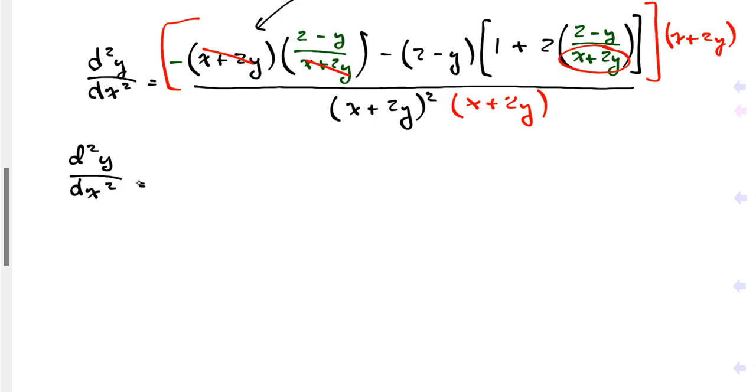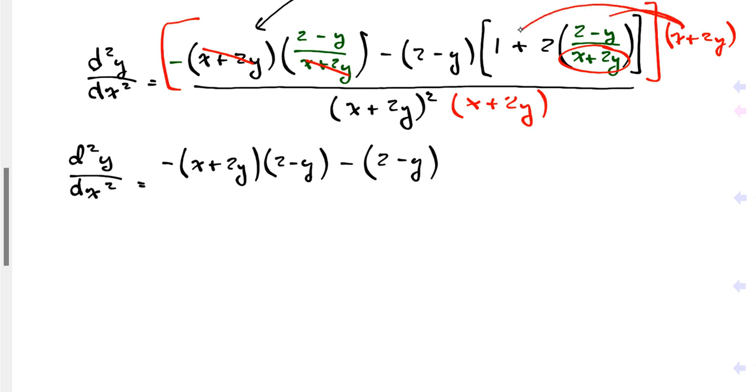my first set of terms, I'll have that negative plus 2y that I just multiplied in, and the 2 minus y left over. And then I'll keep that 2 minus y, and inside my square bracket is where I'm going to distribute this x plus 2y in.